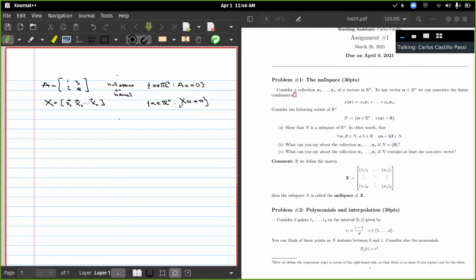If you don't know why, this is the same as writing alpha 1 x1 plus ... plus alpha n xn. This is because when you do the matrix multiplication here, you basically have this.